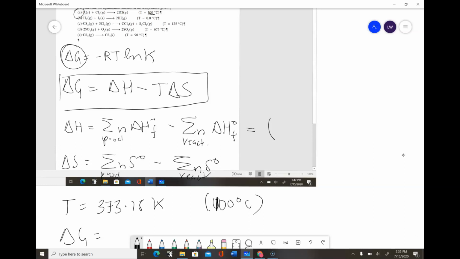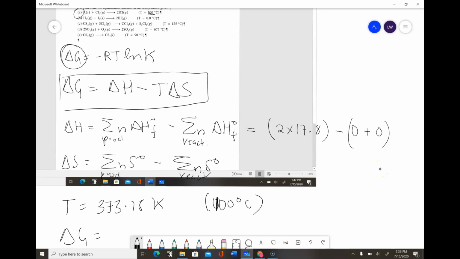So I've got 2 ICl, so 2 times 17.8, minus, and then I've got I2, that's a 0, and then I've got Cl2, that's also a 0.